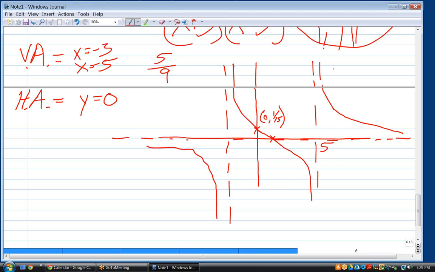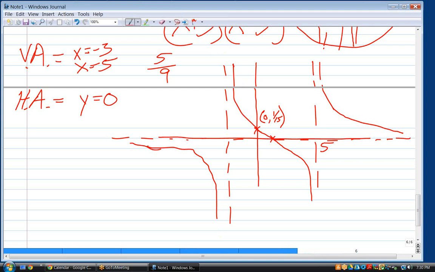In other words, it goes up to infinity here, comes out on the other side of the vertical asymptote from negative infinity, goes up to positive infinity, comes out on the other side of the vertical asymptote at negative infinity, and then of course that is asymptotic to both asymptotes also. So there's our graph. We got everything.